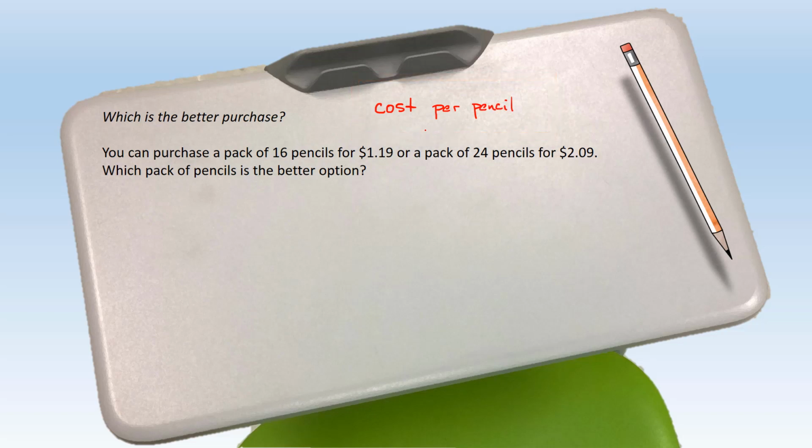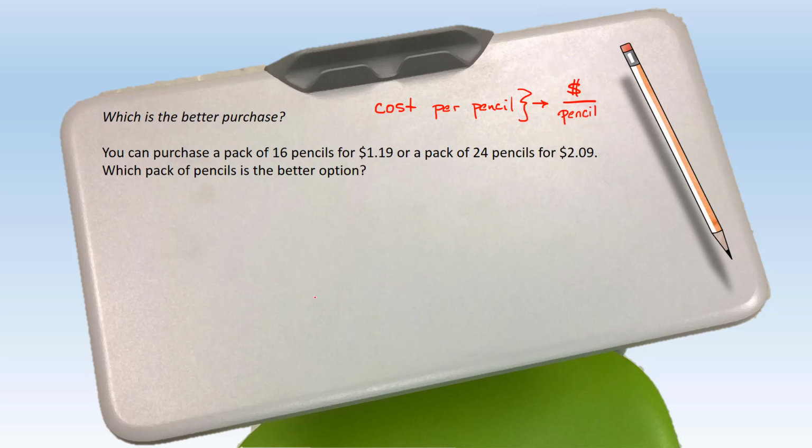If you think of it as cost per pencil, this word "per" is kind of a buzzword for us, but it tells us that whatever is after it is going to be our unit, or the value of 1. So really we can take this cost per pencil and write it like cost per pencil.